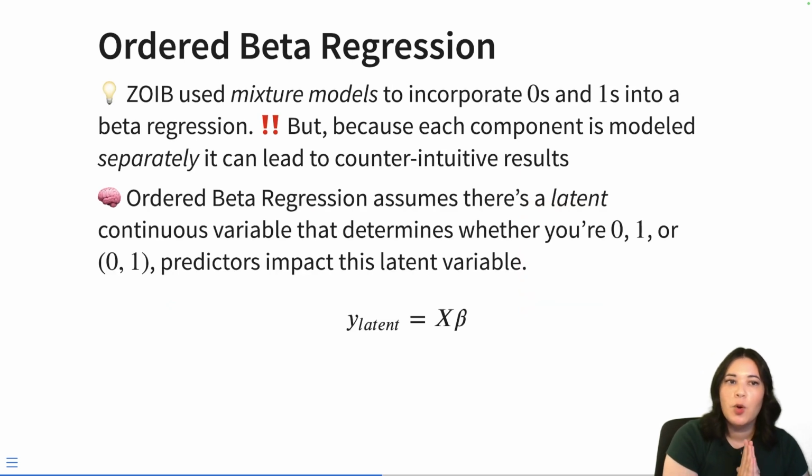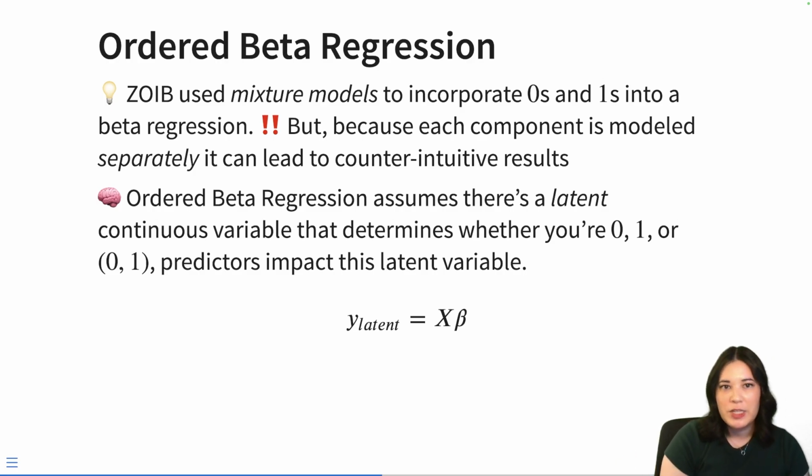So again, instead of assuming these kind of discrete mixture components like we would in Zoib, we're assuming that there's a latent continuous variable, and we're modeling the impact of various predictors on that latent continuous variable. Of course, we also model at least 2 cut points, below which you're 0 and above which you're 1.